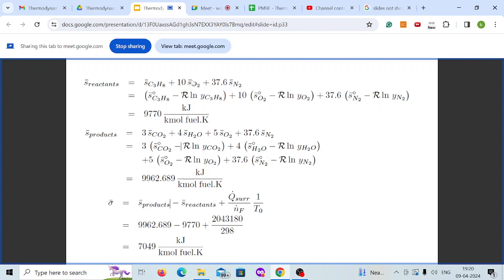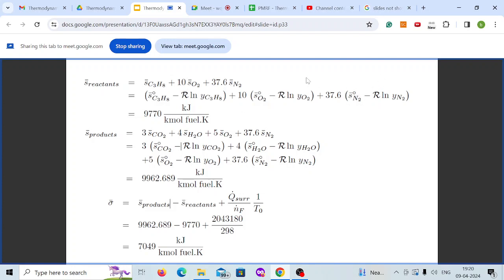Plus, similarly, for 10 moles of oxygen, into the entropy of oxygen at 298 Kelvin minus R into ln of your oxygen. This is nothing but your partial pressure by actual pressure. From Dalton's partial pressure, you get the mole fraction. So minus R ln of the mole fraction of oxygen, plus 37.6, and similarly for nitrogen.